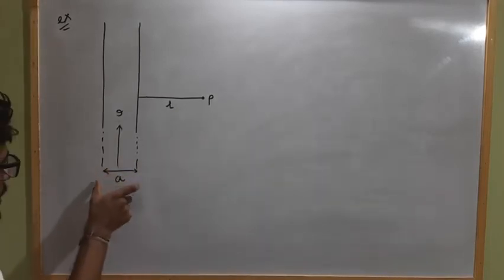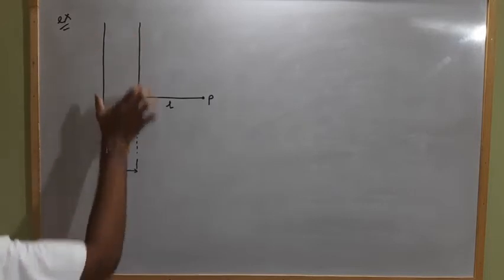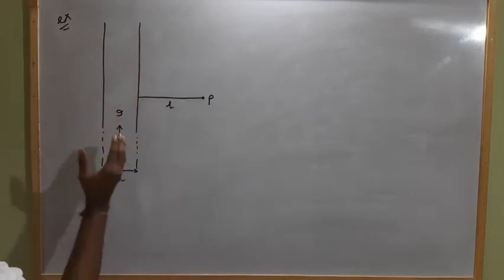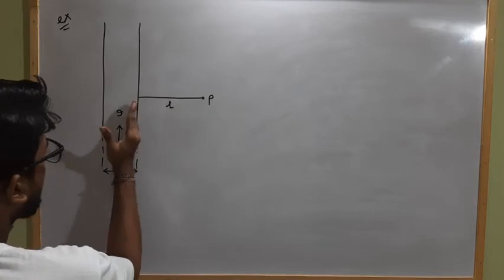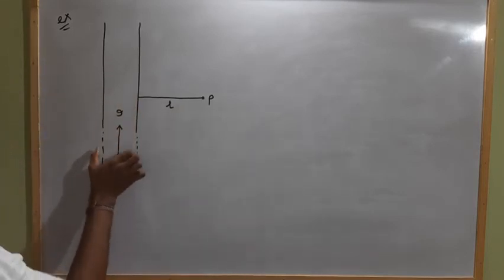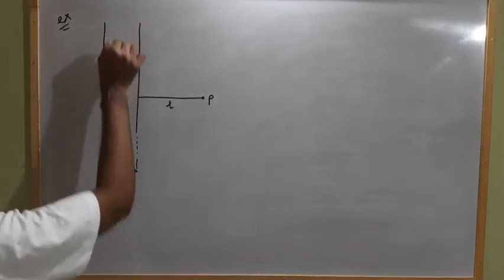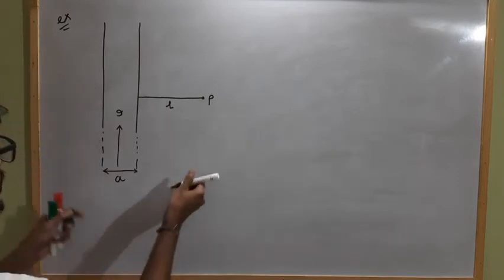As I is flowing through a flat current carrying conductor of width A, the point of observation will be at a different distance from each part, and we can divide this current carrying conductor into small thin current carrying infinitely long straight conductors like this.